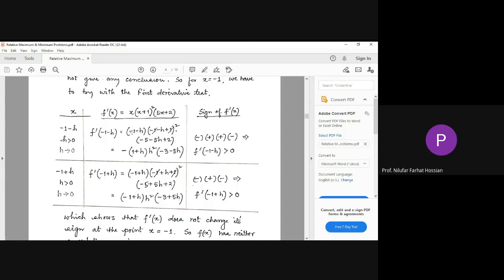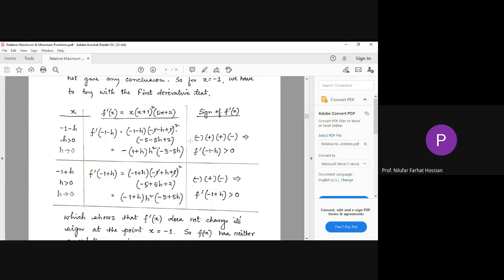I'm taking the minus sign common here, so it will be minus of 1 plus h. Here minus 1 plus 1 cancel out, minus h whole square is h square. And here it is minus 3 minus 5h. Now determine the sign. This minus sign will be there, minus 1 plus h. You see, h is a small positive number and h is positive.